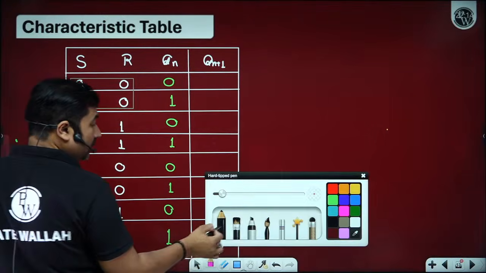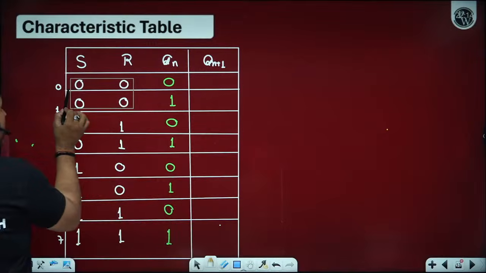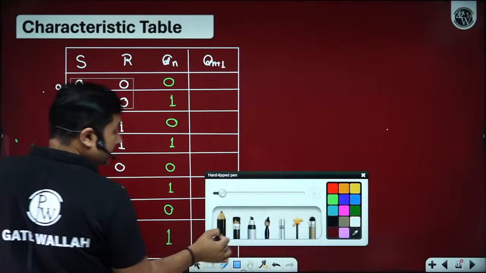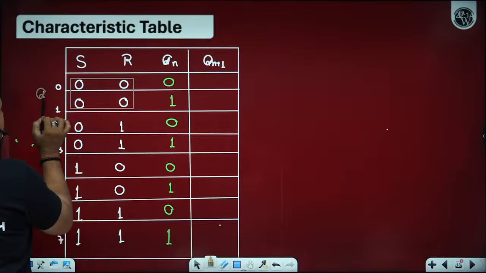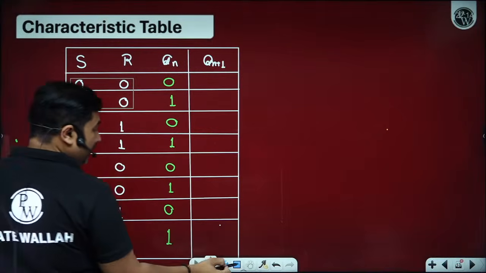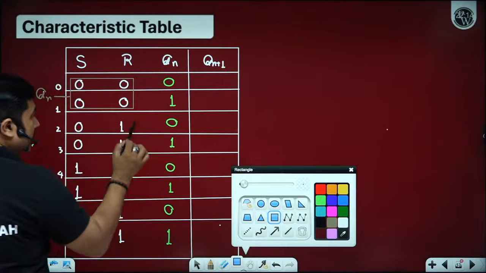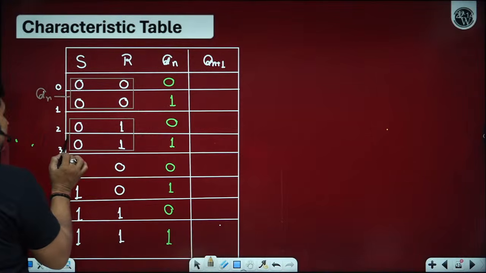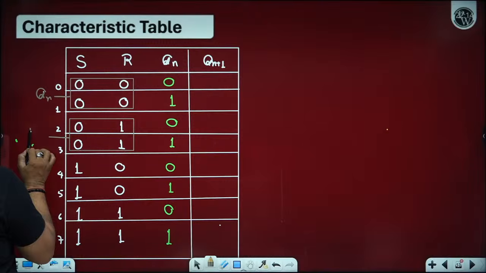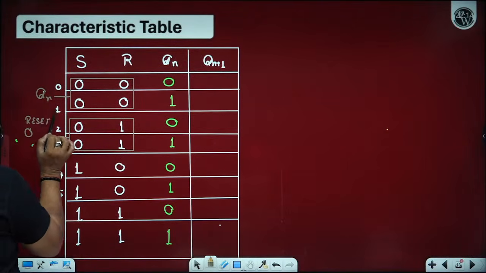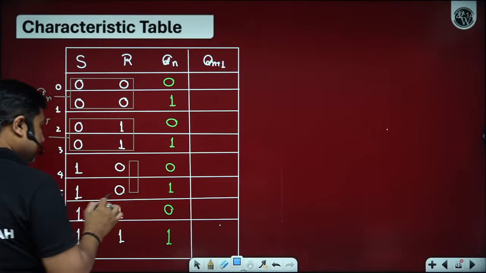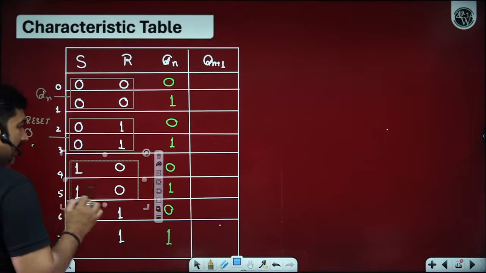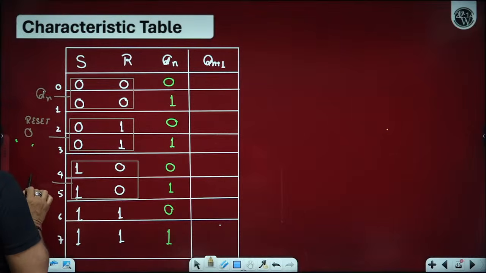How many of you are able to understand? Observe from the truth table, so you will get the hold state. Hold state is represented by Qn. Similarly, for S0, R1, we get the reset state. Reset means 0. And for present input S1, R0, we get the set state.